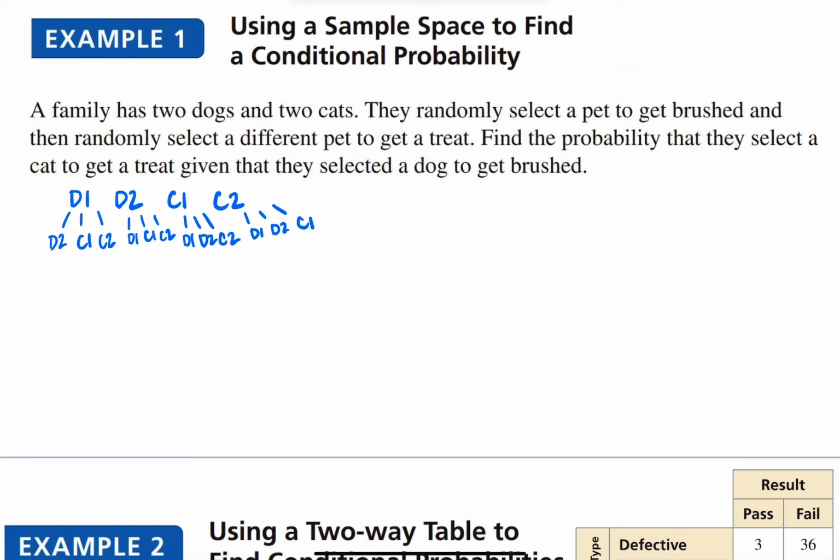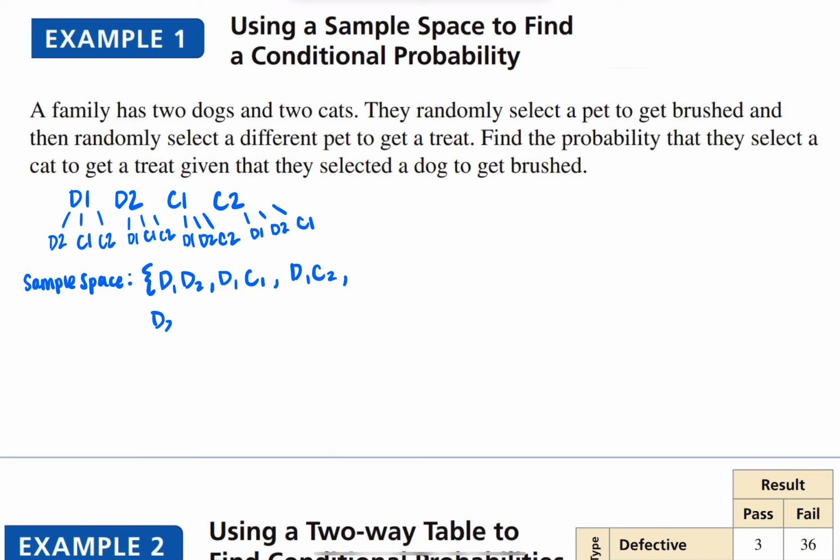So I'm going to rewrite my sample space. I'll use a little subscript here. We've got dog 1, dog 2; dog 1, cat 1; dog 1, cat 2.